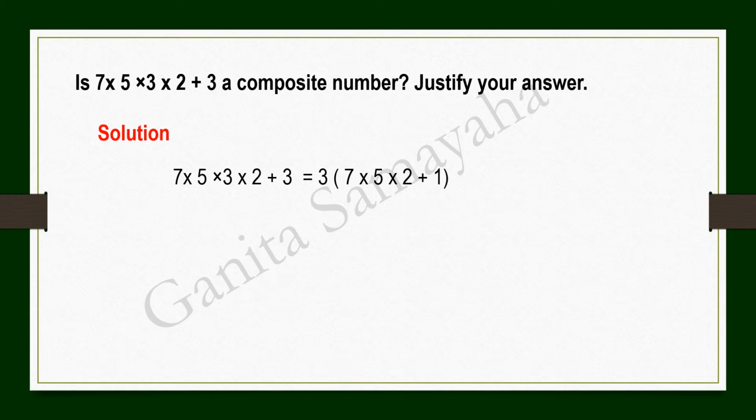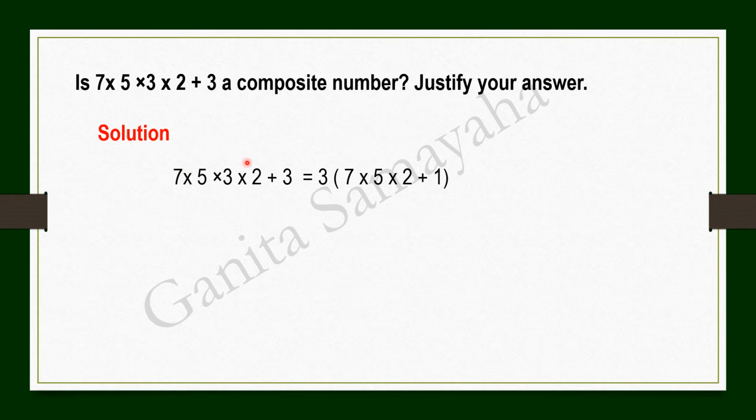Okay. When we closely observe here, we can make out that 3 is a common factor here. Is it clear, children? This product of 7, 5, 3 and 2 will be some integer which is a multiple of 3. So this is 3 into some number plus 3. That means what? 3 is the common factor for these two terms. There are two terms here.